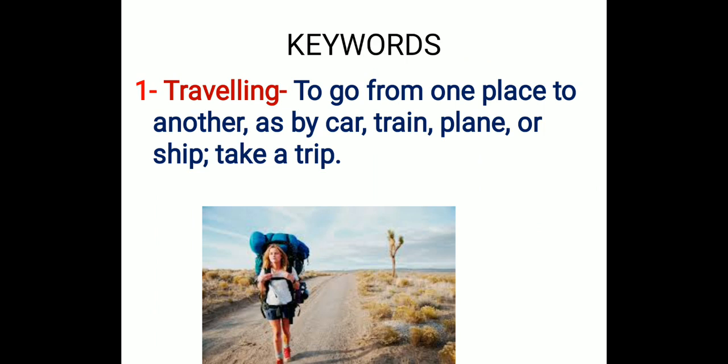Traveling means to go from one place to another, as by car, train, plane, or ship, or to take a trip. In this picture, a girl is traveling. She is going from one place to another on foot.